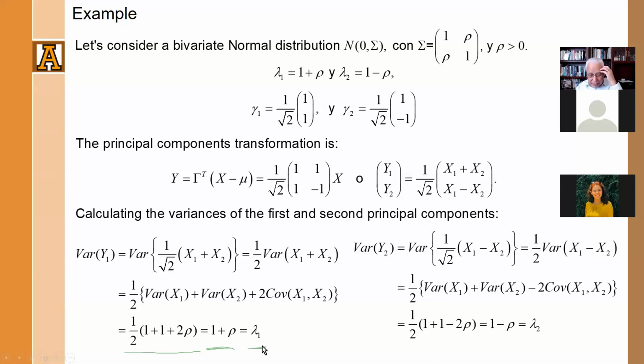Now, another thing that we'll see later is that an eigenvalue that is greater than 1 means that the corresponding eigenvector with this eigenvalue is explaining more than a single variable of the original variables.